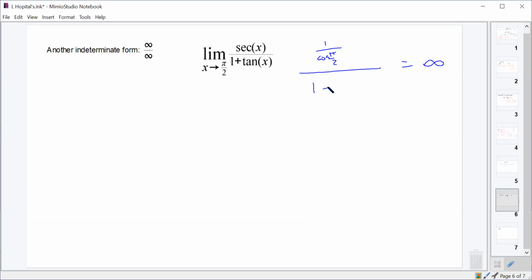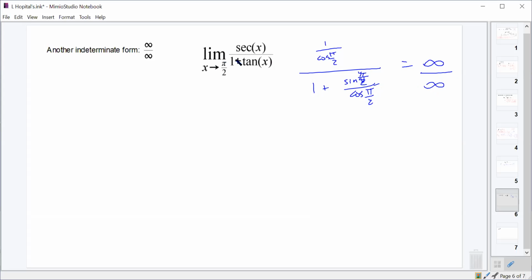And then on the bottom we have 1 plus sine x over cosine x, with pi over 2 in there. The sine of pi over 2 is 1, and the cosine of pi over 2 is still very close to 0. So this is 1 plus 1 over basically 0, which is also 1 plus infinity, or just infinity. So everybody agree that that would be infinity over infinity?